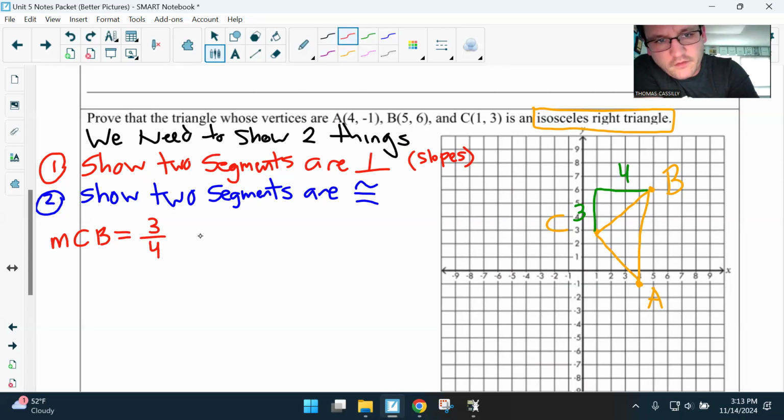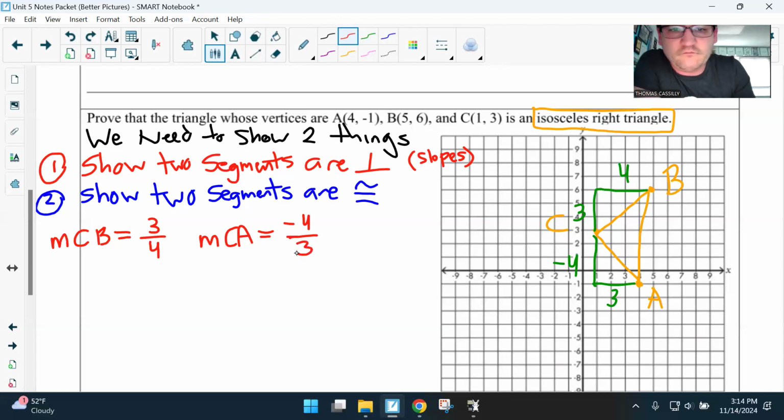Let's do the same thing for the slope of CA. We are going down 4 spaces and to the right 3 spaces, so our slope is -4/3.